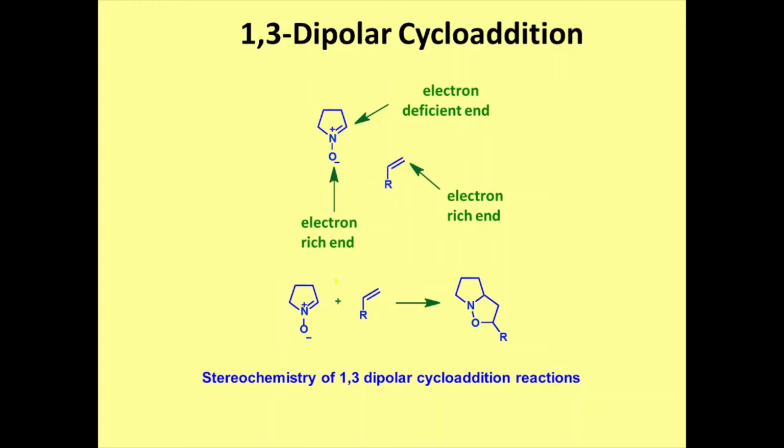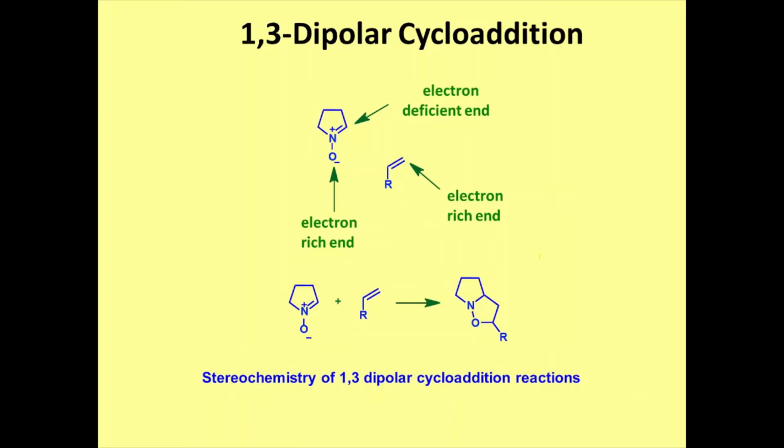The reaction proceeds in the pathway shown here, and we get a 5-5 fused structure, where the nitrogen atom is part of the fused ring structure and the fused centers. The stereochemistry of the 1,3-dipolar cycloaddition reactions will proceed this way.